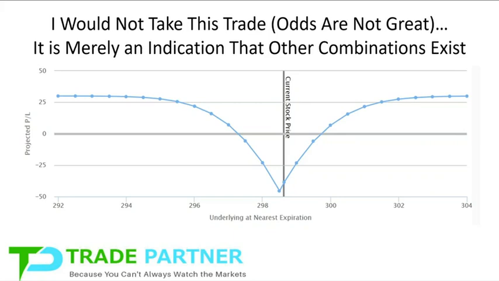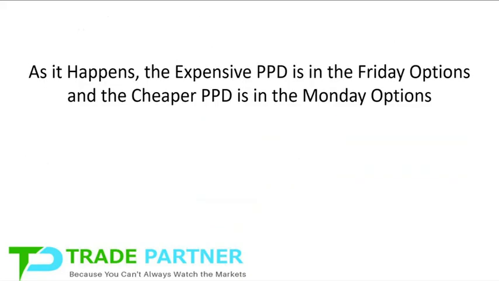This might be even better than it looks if volatility absolutely craters on Friday the way I think it will. But nonetheless, the fact that the option prices between Friday and Monday are so close means that there are opportunities that exist with the normal PPD type strategies.